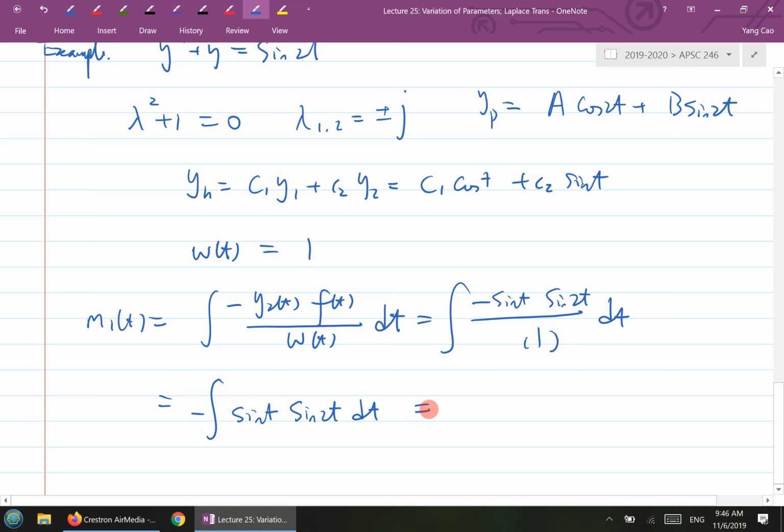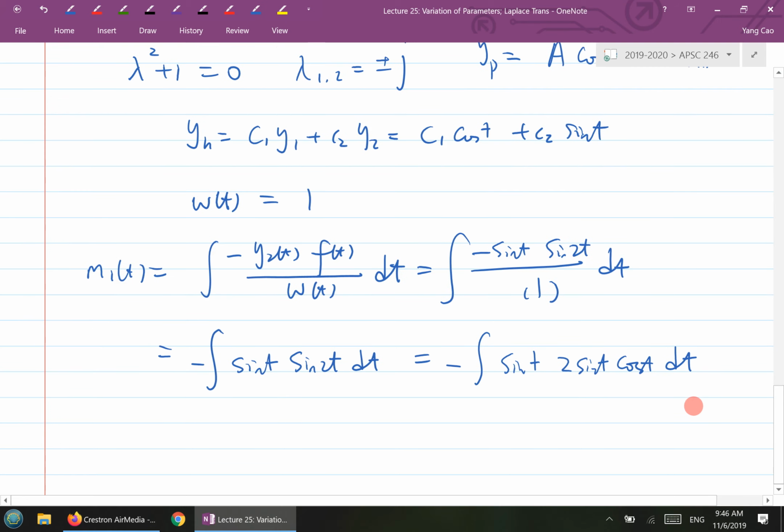Now this is the part where, if you're not comfortable with integration, then you probably shouldn't use this approach. You can use undetermined coefficients, because there's no integration there. It's all about the derivative. But this is not a very complicated integral. Sine 2t is 2 times sine t cosine t, so that's negative 2 sine squared t cosine t dt.